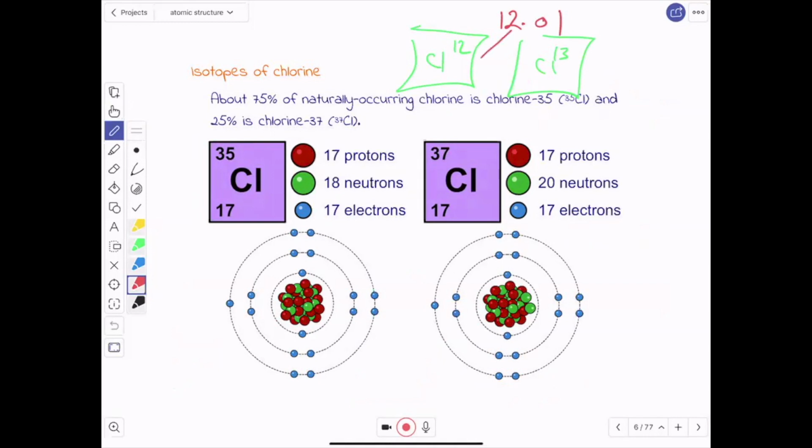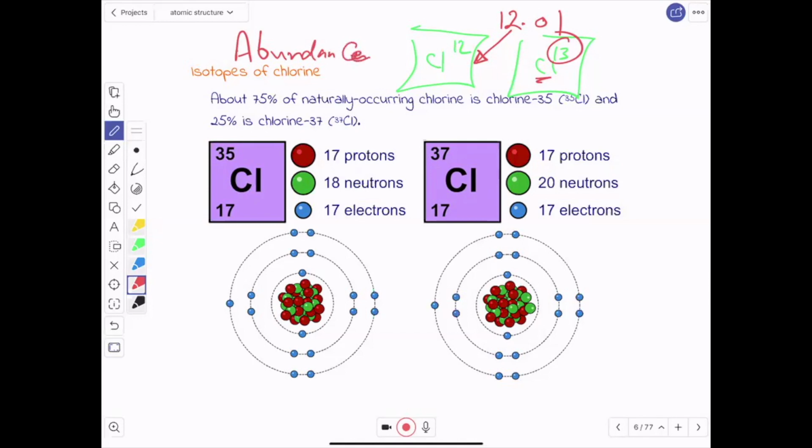Why is this number closer to 12 than 13? This is because of something we really have to consider here, which is called abundance. The word abundance is another word for availability or percentage.